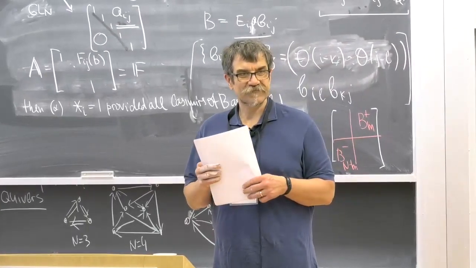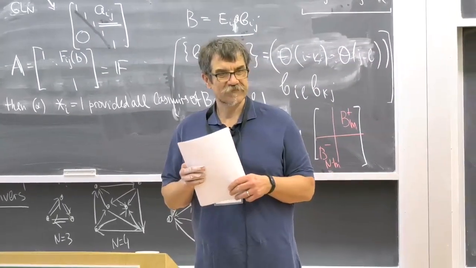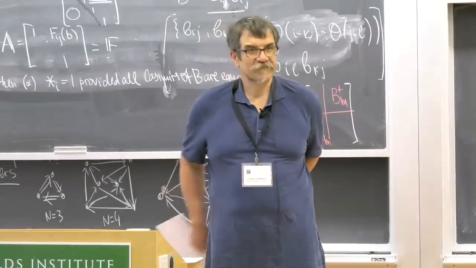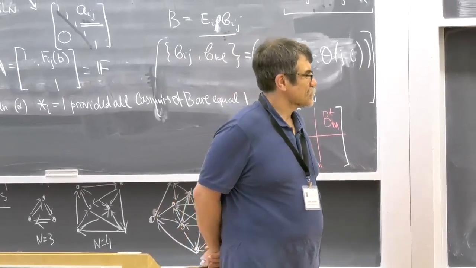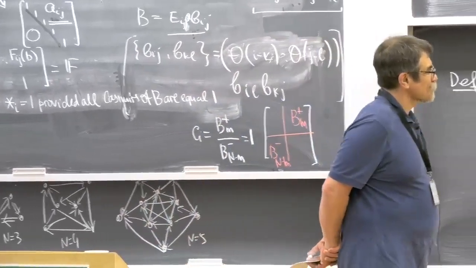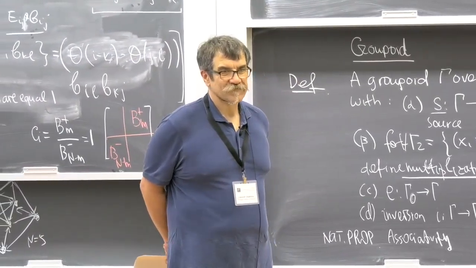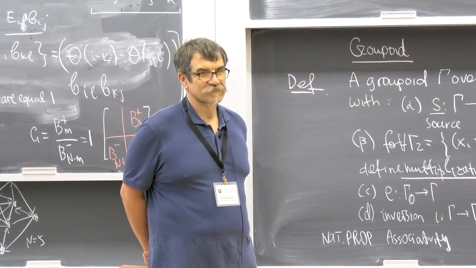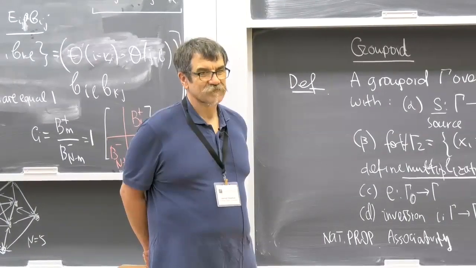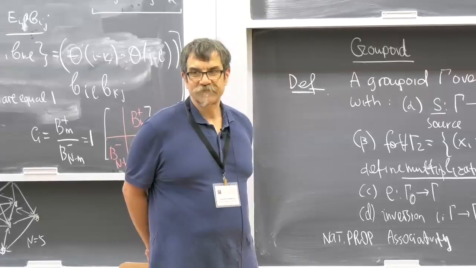You reverse arrows and replace direct product with a tensor product. But if your base becomes an algebra, it's more or less the same, but slightly more complicated. But here, probably the base was A, right?